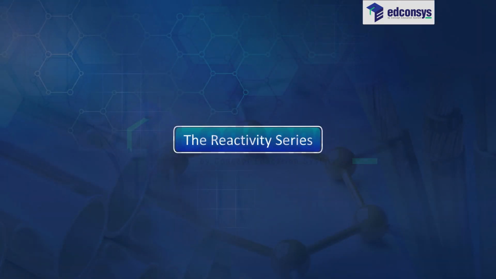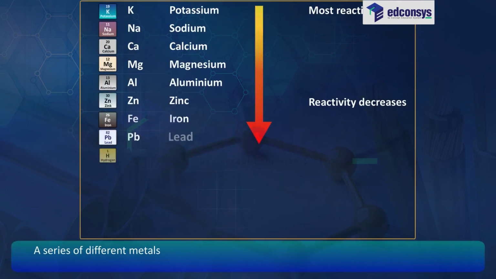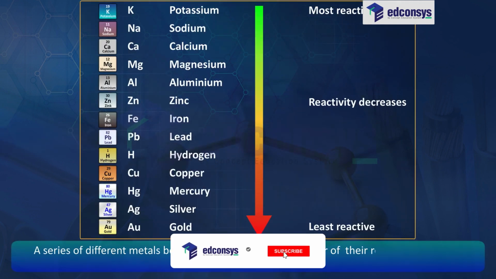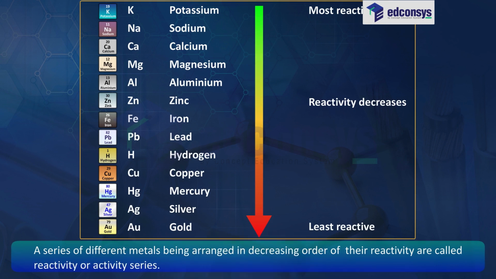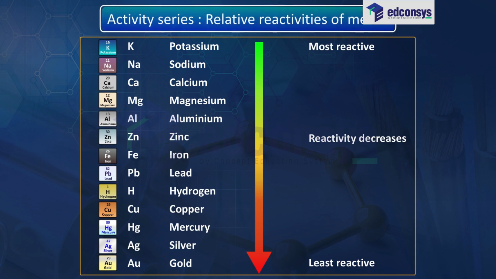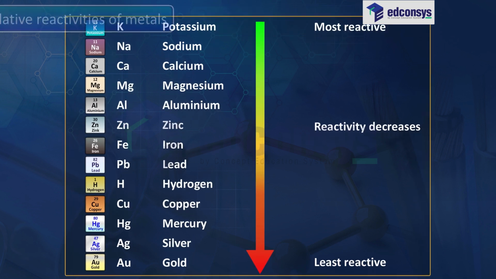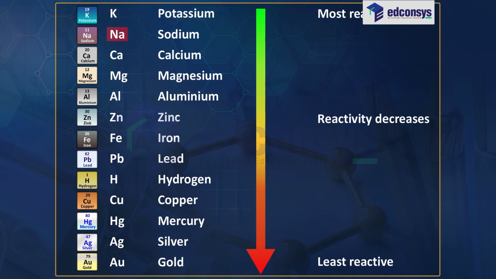The reactivity series. A series of different metals arranged in decreasing order of their reactivity is called the reactivity or activity series. Relative reactivities of metals: K potassium, Na sodium, Ca calcium, Mg magnesium, Al aluminum.